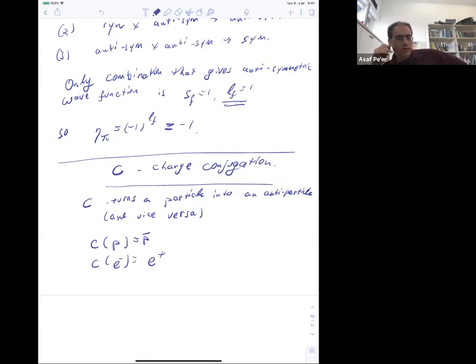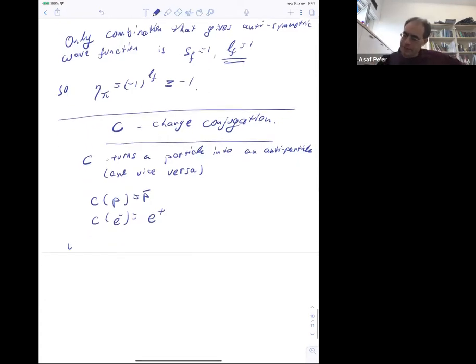So under C, all the intrinsic additive quantum numbers change sign. It's not just the electromagnetic charge. It's the lepton number, it's the baryon number, it's everything. Under the C operator, it's important because sometimes people forget that an antiparticle is not just the opposite electromagnetic charge, it's the opposite of all charges.